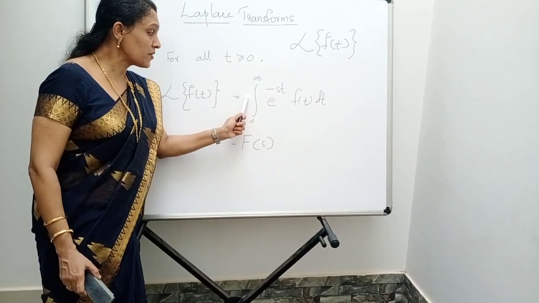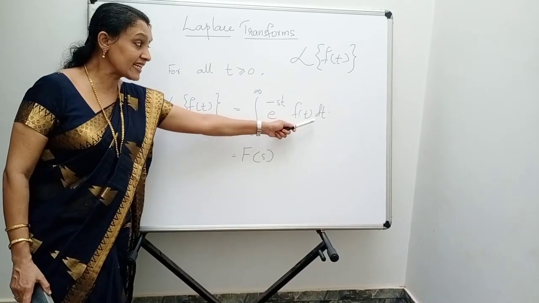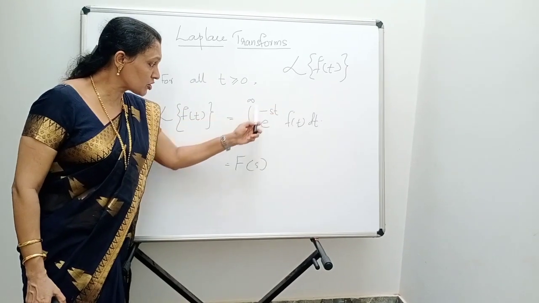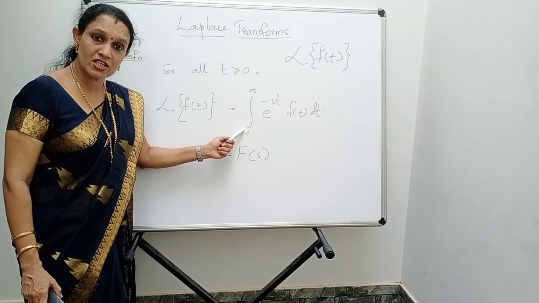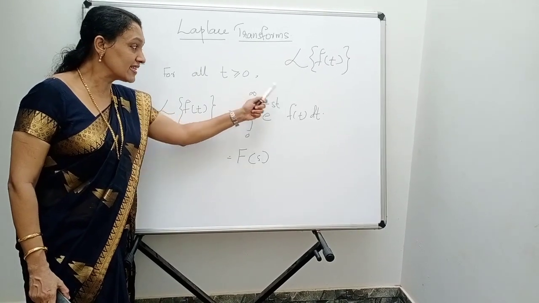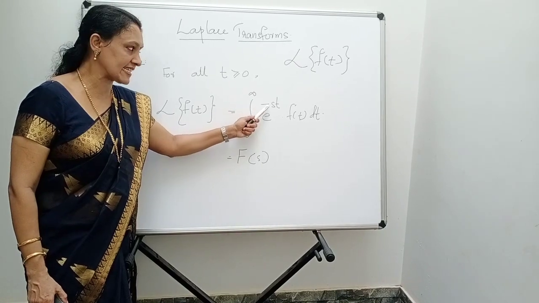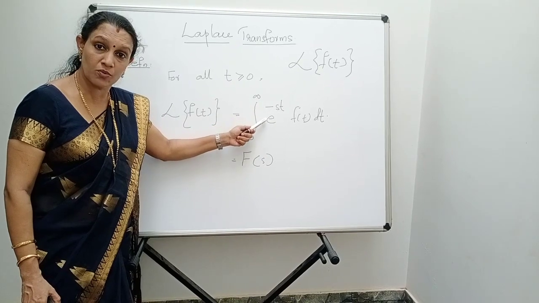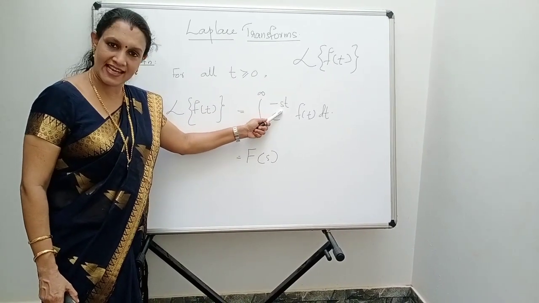Okay. So when you are evaluating this integral, we are integrating with respect to t, right? And after integration, you substitute upper limit and lower limit, and you will get this integral as a function of s. For only t we are substituting upper limit and lower limit. So the answer will be a function of s.